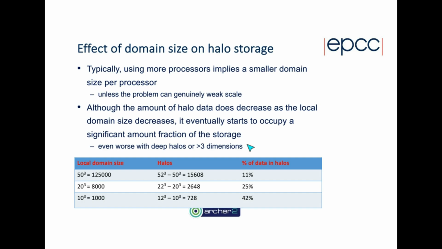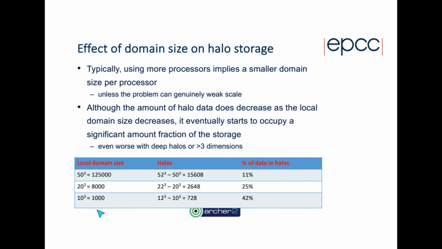So instead of having one layer of halo cells or ghost cells, some applications might choose to have 2 or 3 halo cell layers, or you can have strange applications like QCD, where you're operating in more than 3 physical dimensions.